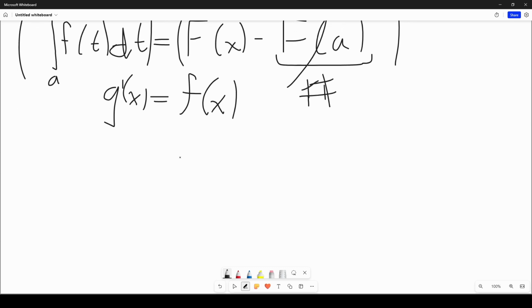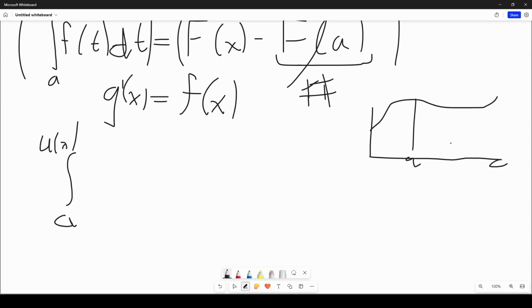And I want to show you an even more conceptual understanding of the first fundamental theorem. What if we took the integral from a to some function u of x? So if we imagine our example again, we have a and we have x, and u is telling x to go here, here.